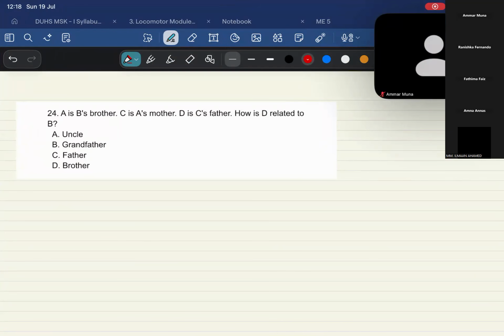So we have a family pattern, which is A is B's brother. So we know that that's A and B. There are 2 children of a pair of parents. We still don't know who their parent is. So C is A's mother. Right, so this should be the mother. C is A's mother, and D is C's father.